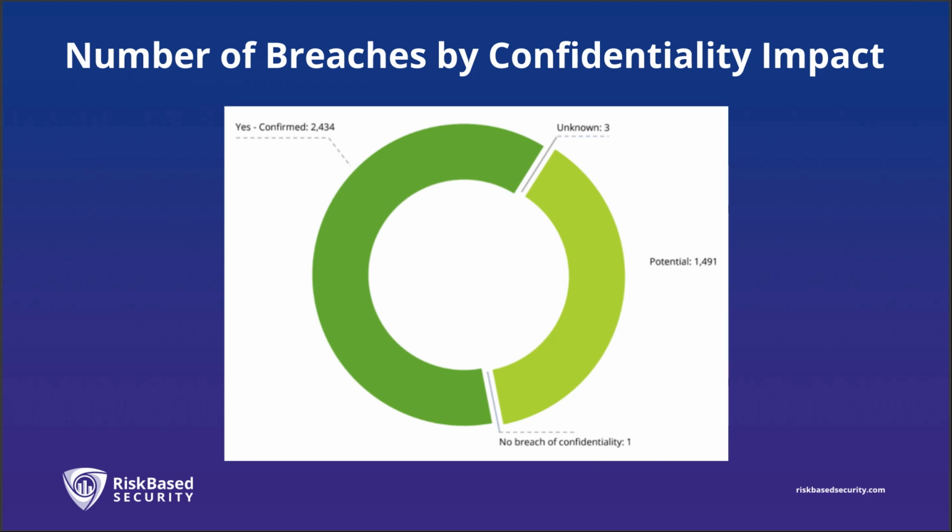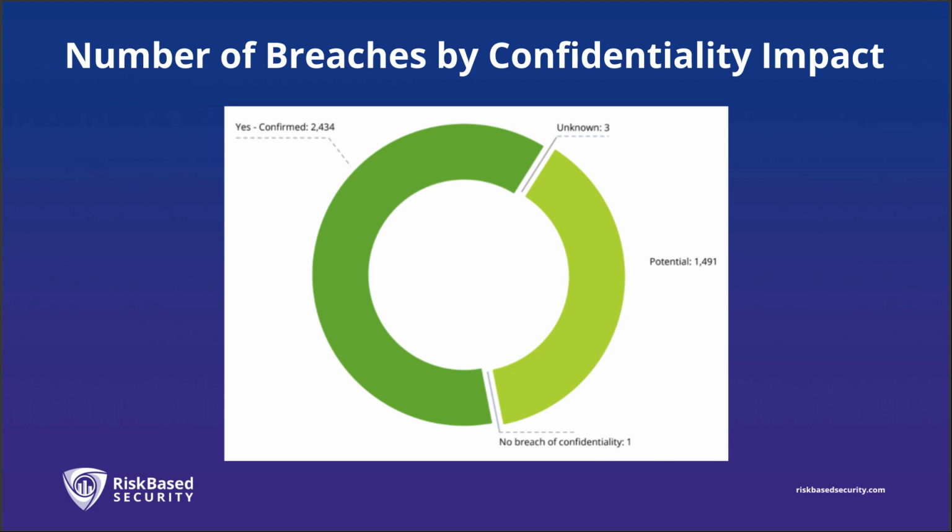Another lens that we like to use to look at the breaches for the year is impact on confidentiality. Now, if you're thinking, oh, well, it's a breach, obviously data has been exposed, but not all breaches are created equal. There are certainly events where attackers could have accessed the information, or perhaps the information was sitting on those computers that were being disposed of, and you're not sure if somebody actually accessed it or not, but the organization has lost control of it.